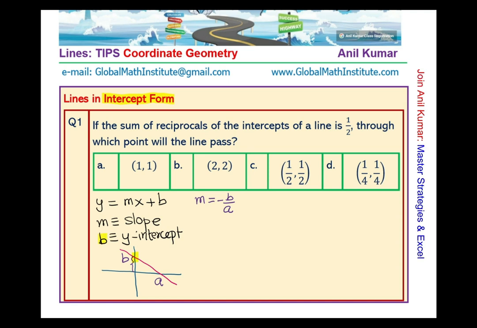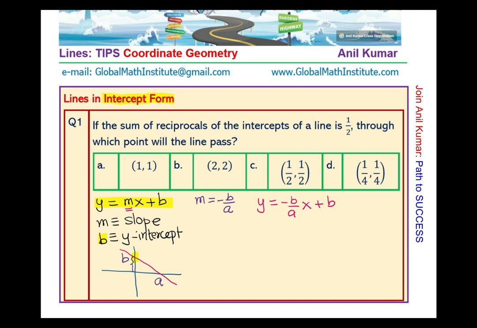So in the equation y equals mx plus b, if I substitute m equals minus b by a, I get y equals minus b by a times x plus b. So we get an equation where we have a and b as x and y intercepts respectively.